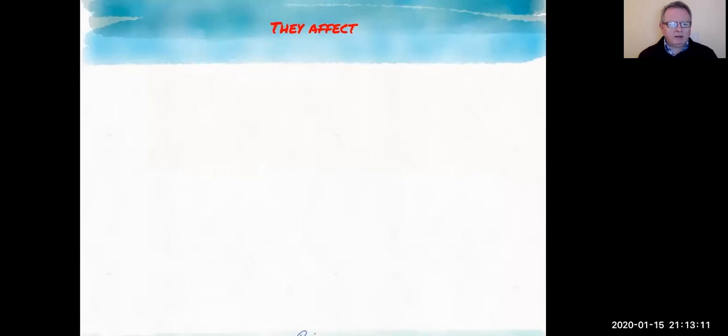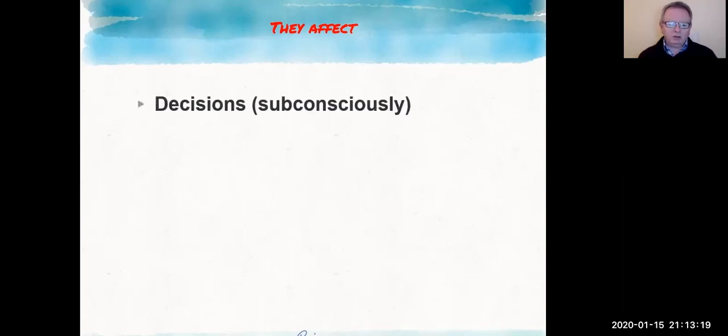So what do they affect? These values that you've soaked up from someone and put into your brain. Well, they affect your decisions, often subconsciously, and we're going to go through each of these things in a minute. They affect your behaviours, because as we saw in that earlier diagram, you have all this input coming in, you make sense of it in your brain, and then you react to it in some way. So that's your behaviours.